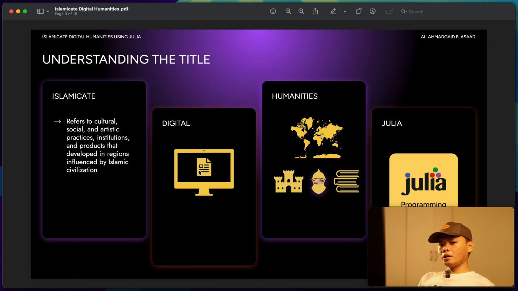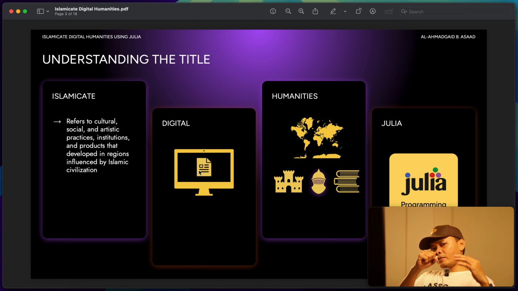Another example is a text. It's not necessarily a Quran or a Hadith, or any other scholarly work done by Islamic scholars, but also works that were not done by Islamic scholars but were influenced by Islamic civilizations. So in a way, when we say Islamicate, it's actually broader in scope.